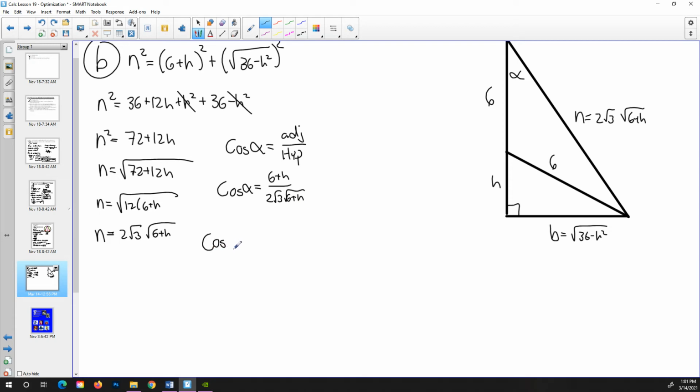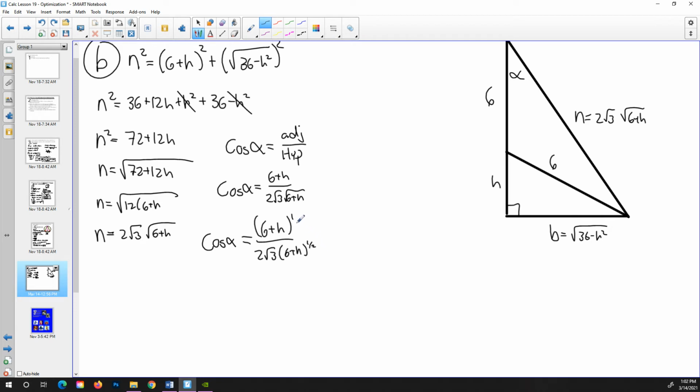This can be rewritten as 6 plus h to the first over 2 square root of 3 times 6 plus h to the 1/2. Now, if you remember, I have two exponential expressions with the same base, 6 plus h.